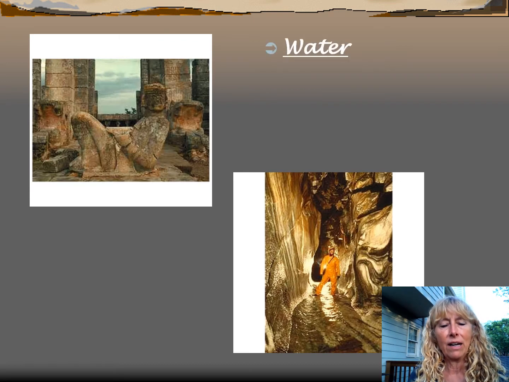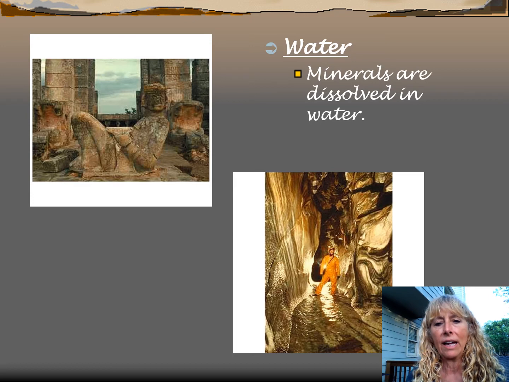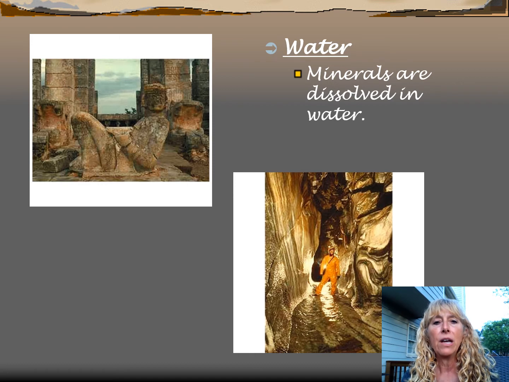So here we have examples of where water breaks down rock, and so the rock has minerals in it, of course, and some of the minerals we know are softer than others, if you remember your Mohs hardness scale. Well, some minerals like halite will dissolve in water. That's just salt. So if your rock has a lot of salts in it, then even just the water can break it down.